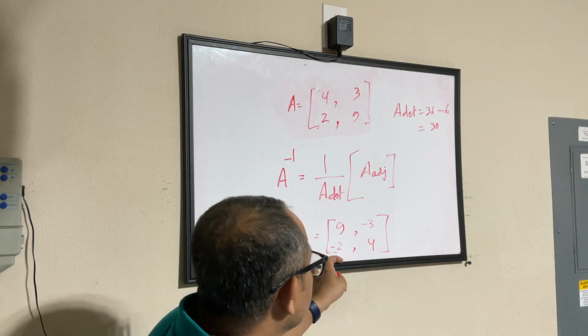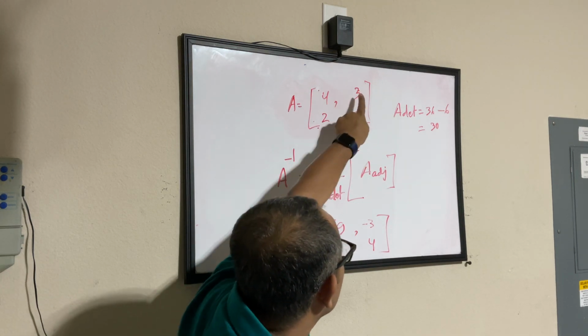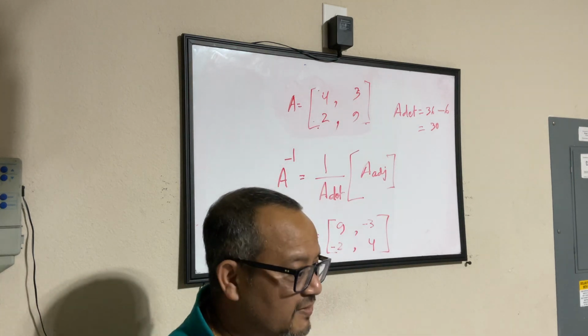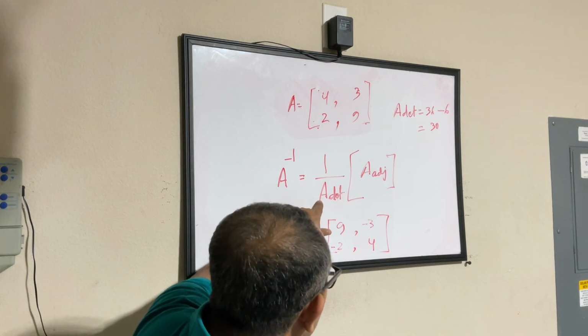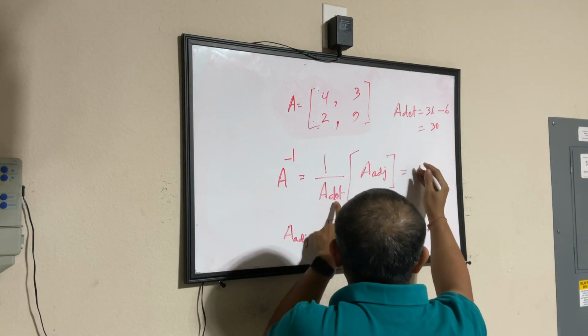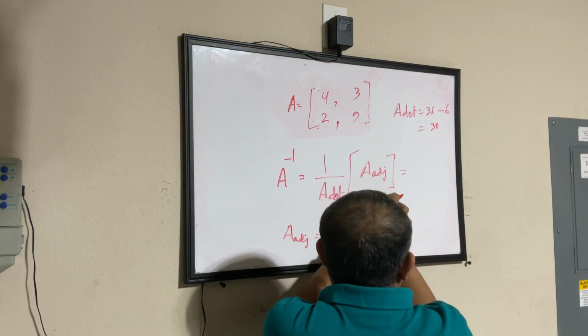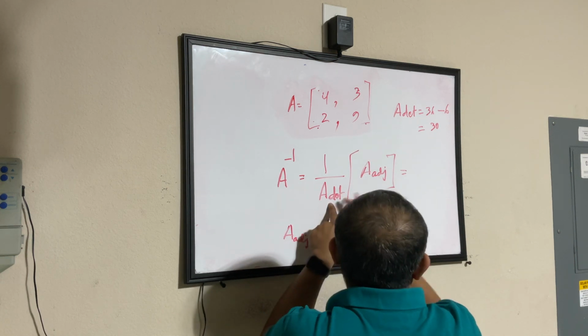So this is how you find the adjoint. You just swap the first and fourth one and then keep these two in place, just put a negative against them. That is how you find the adjoint. Now you have found the determinant and you have found the adjoint. So it's like a scalar multiplication with the matrix. Scalar to matrix multiplication. So determinant is 30.